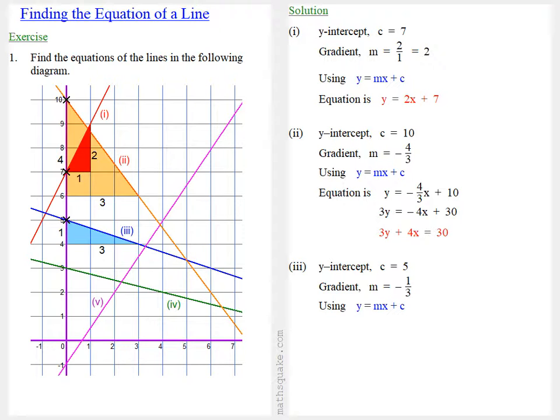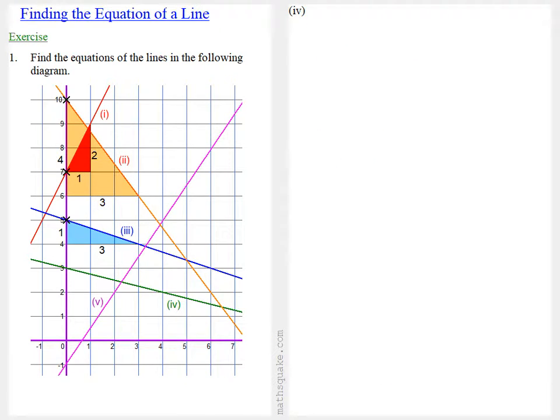So, using y equals mx plus c, we have the equation is y equals minus 1/3 x plus 5. If we multiply both sides by 3, we get 3y equals minus x plus 15, or we can simplify that as 3y plus x equals 15.